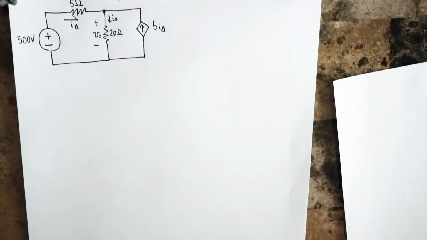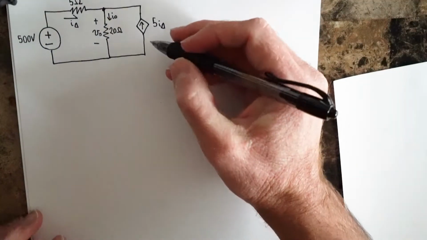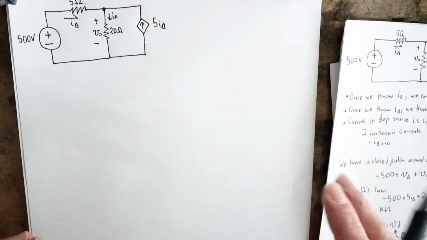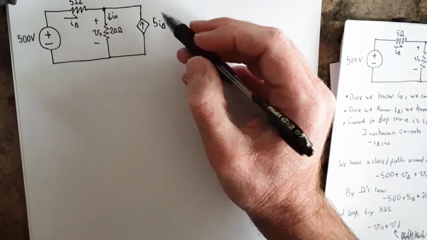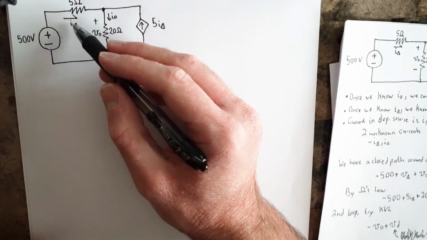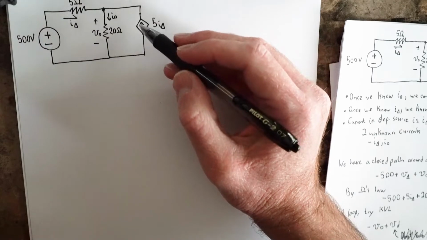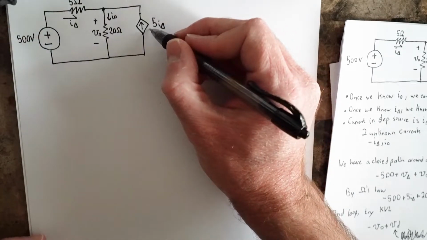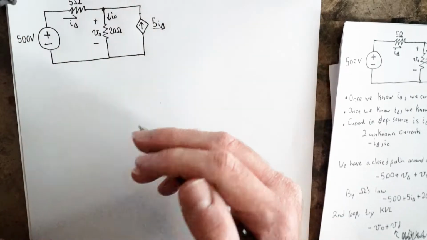Okay, so let's move now to a more complicated example. In this example, we introduce a dependent source. This dependent source is a current source which is dependent upon another current value. If you haven't seen these before, they're just diamond shapes, and the expression for this current source is listed right by it.